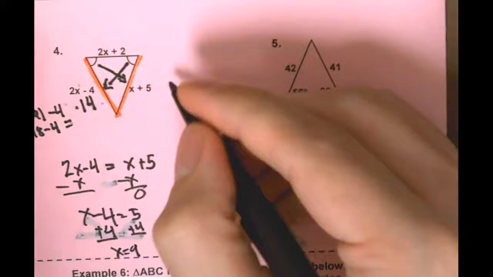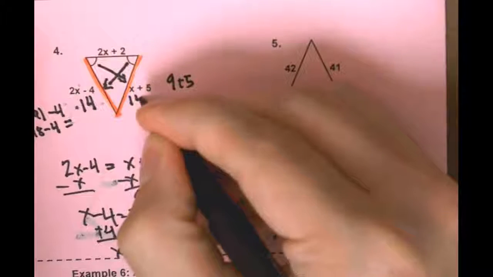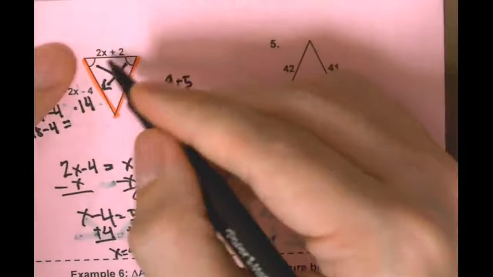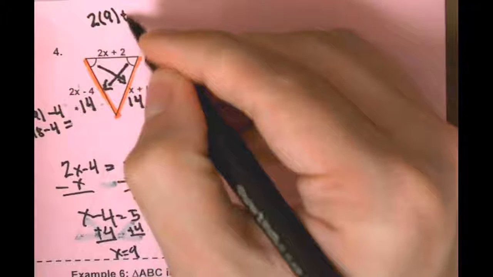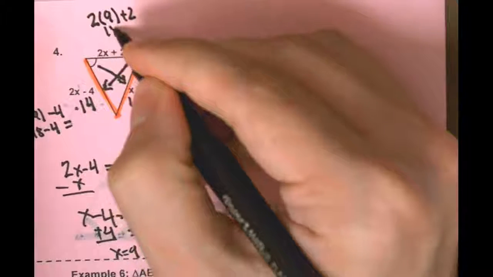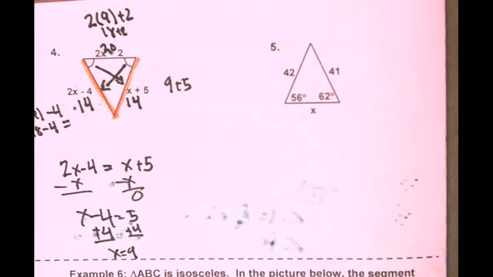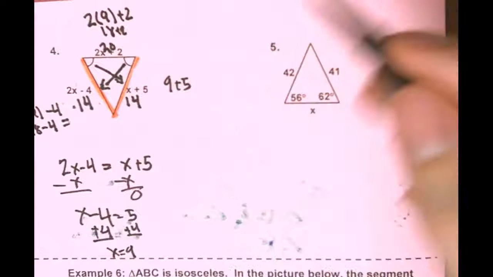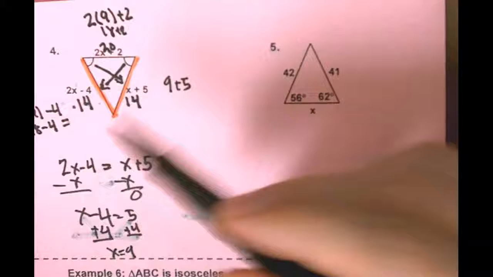Figure out what this one is. 9 plus 5 is also 14. Last one up here, 2 times 9 plus 2, 18 plus 2 is 20. Does that make sense to have 14, 14, 20 on an isosceles triangle? Yeah, because two of the sides have to be the same. The two legs have to be the same.